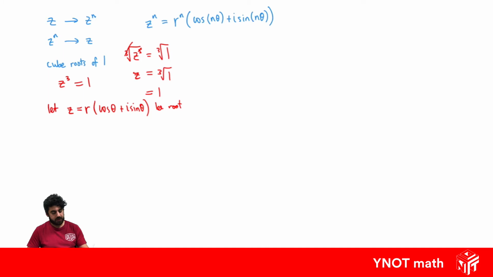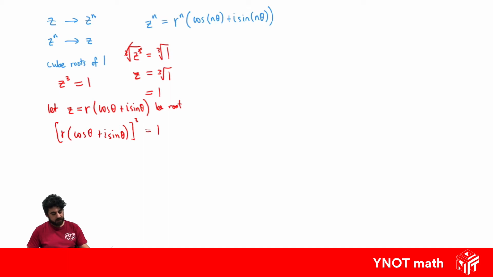This is just the mod-arg form of a complex number. But if we're going to let this be a root of this equation, that means if we sub in this value for z, the equation will hold true. So that's what we're going to do. We're going to have r times cos theta plus i sine theta, all to the power of 3, equals 1.